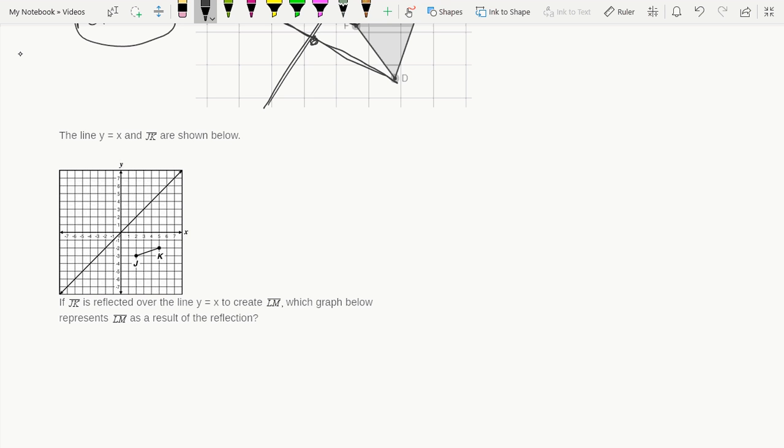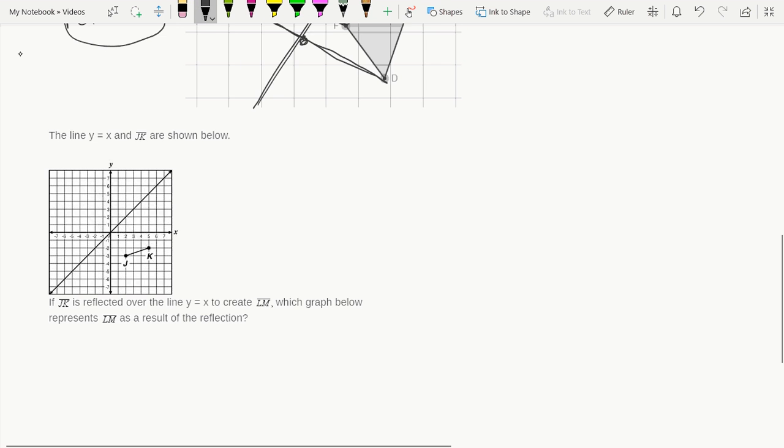So JK, let's think about this. It has to be the same distance. So if I could draw a line there, it has to be the same distance over to there. And K, if I could draw a line there, it has to be the same distance over to there. Let's try and figure out how we could actually do this.